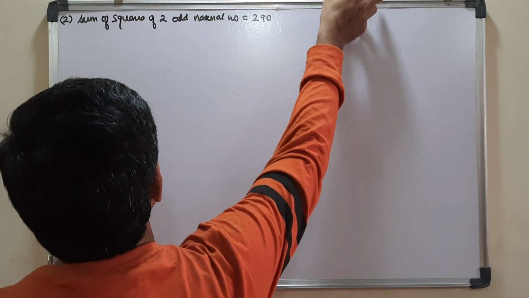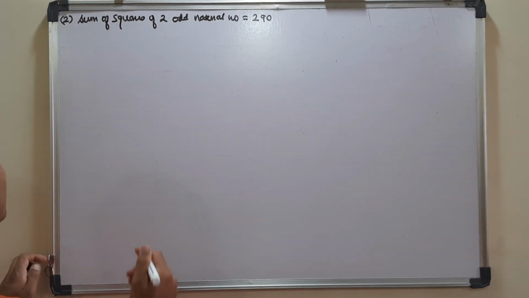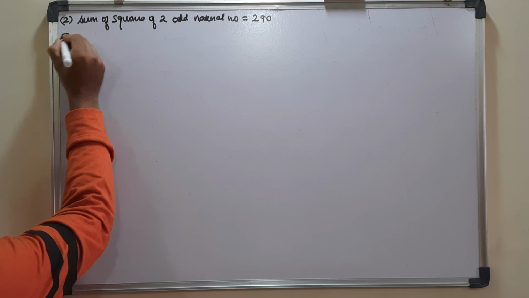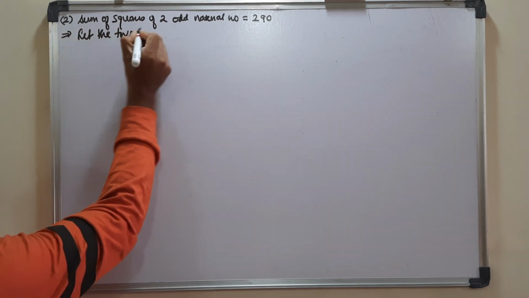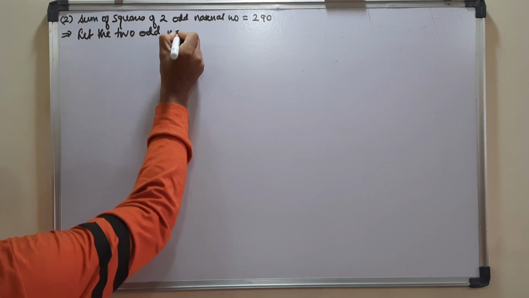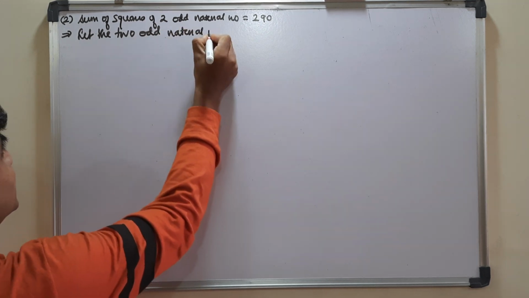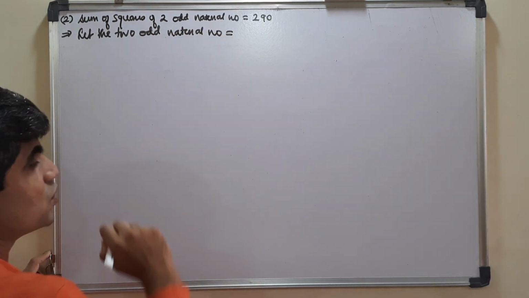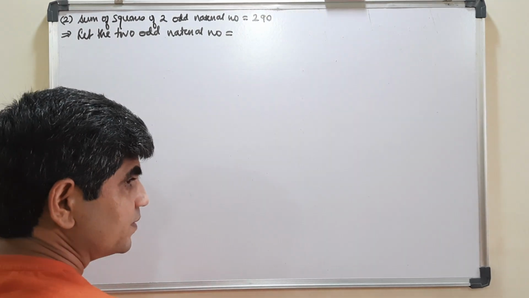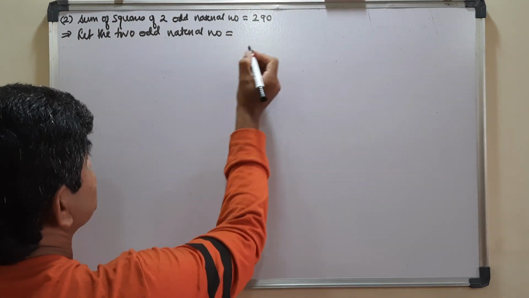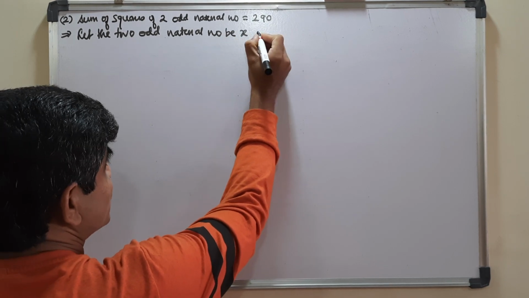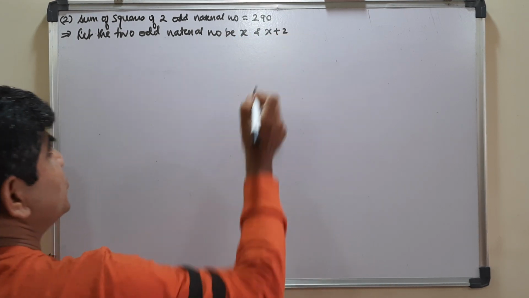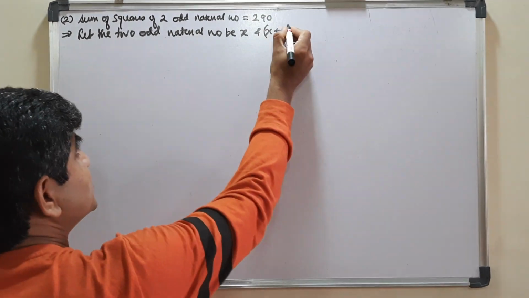That is, the sum of squares of two odd natural numbers. So therefore, let the two odd natural numbers be x, the first one, and obviously with the difference of 2, x plus 2.